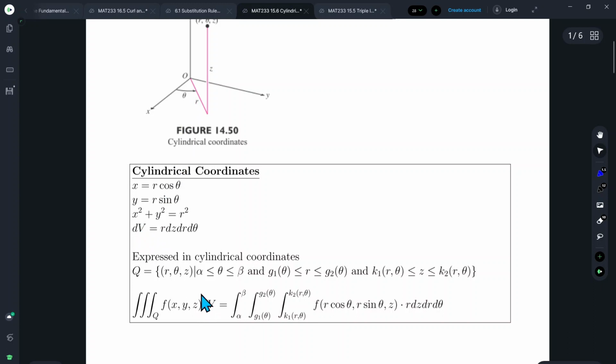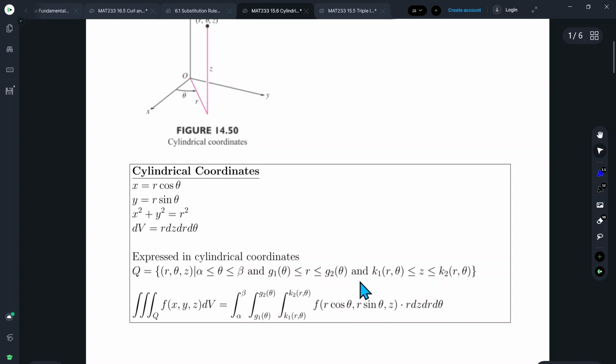Now, because we're working with triple integrals, dV, there are the parameters dz, dr, and d theta. And just like in polar coordinates, there's this extra r that you have to include in the integral. So basically, when you want to write down a triple integral in cylindrical coordinates, you first identify how to describe the region in terms of the parameters theta, r, and z.